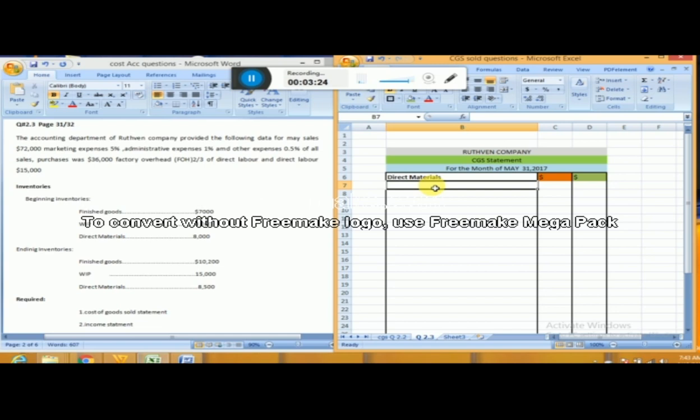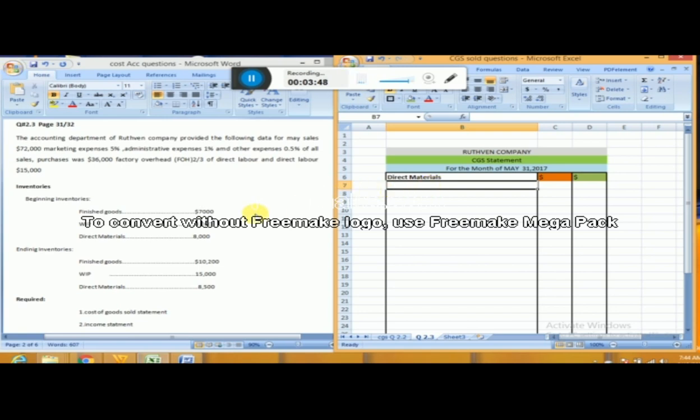Now in the question, current month is May, for which we are going to make the CGS statements. Before May, we have April month. So first of all, we will check whether there is some material left which is not used in the month of April. Clear?